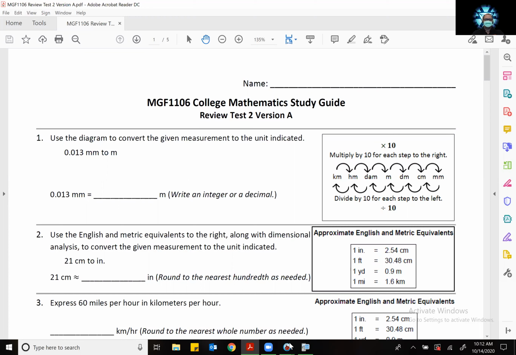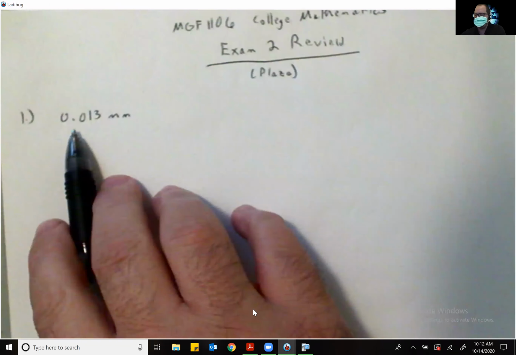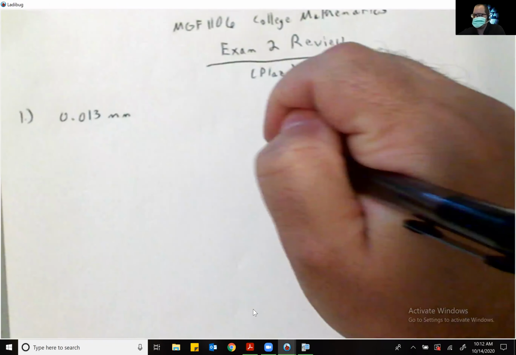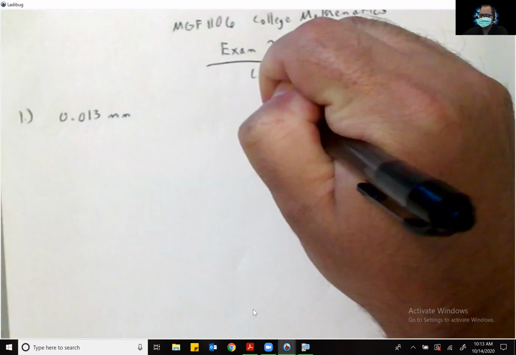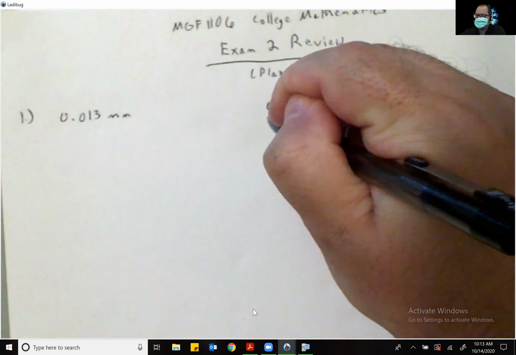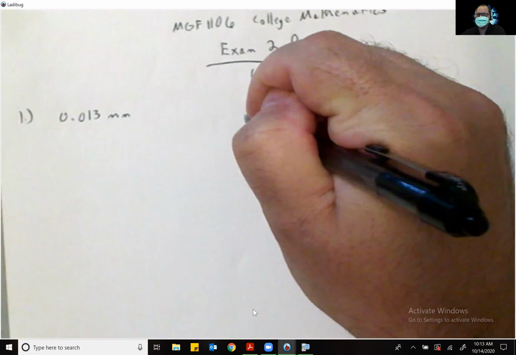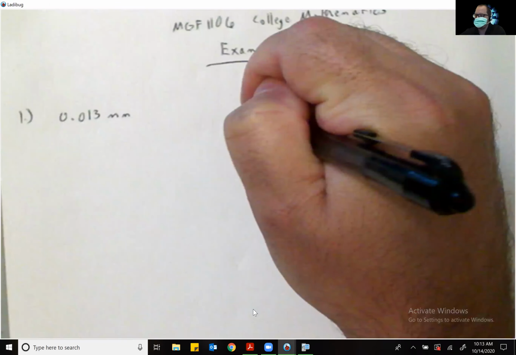We start right here at millimeters and we take 1, 2, 3 steps. The direction you're moving, to the left, means that you also move the decimal to the left. So we take the decimal in this number and move it to the left 3 times: 1, 2, and 3.